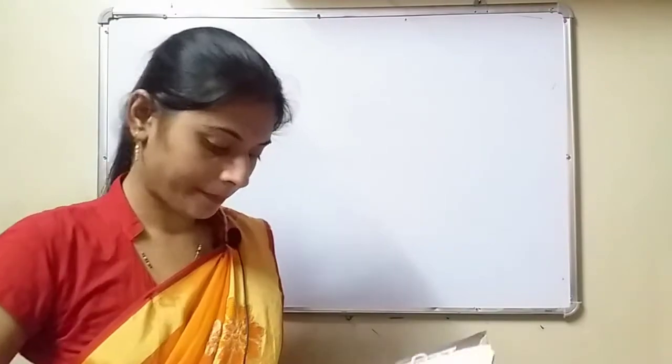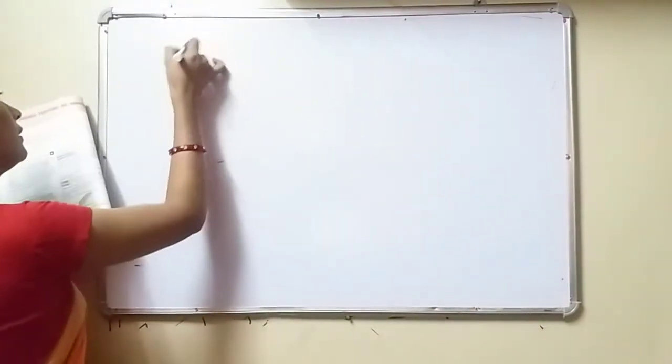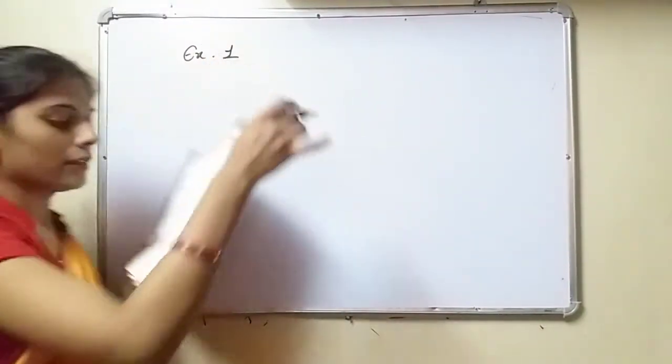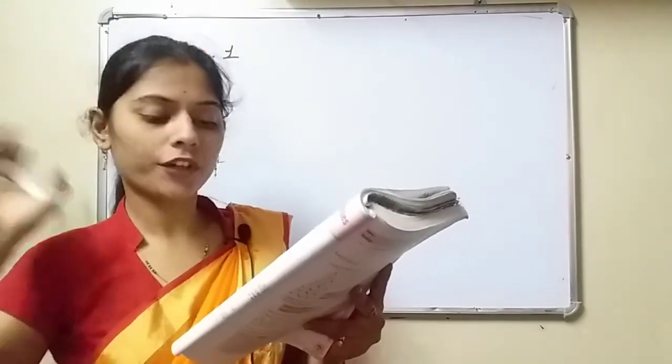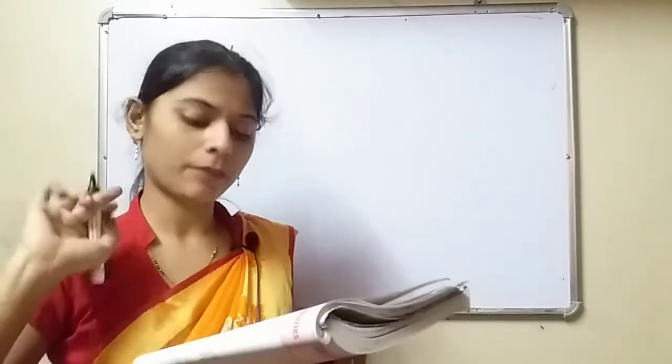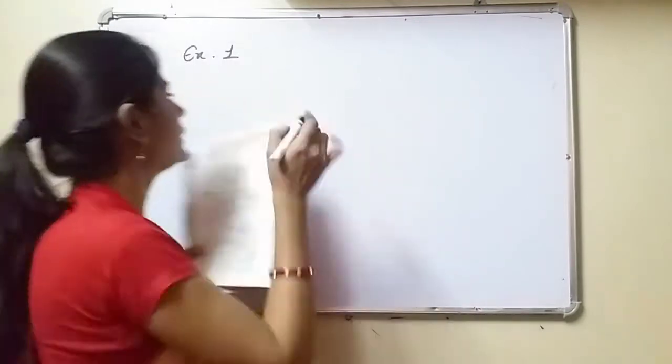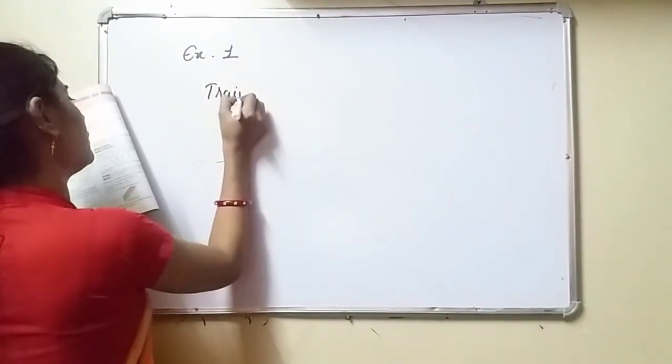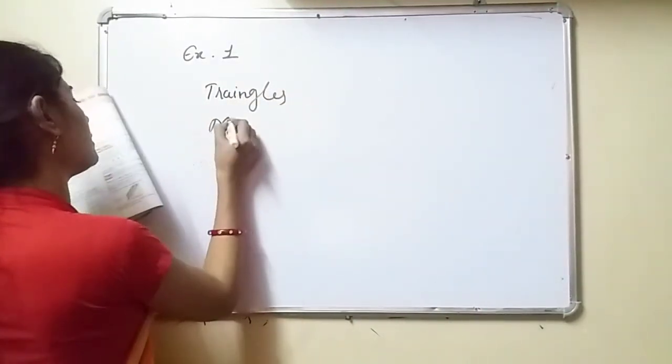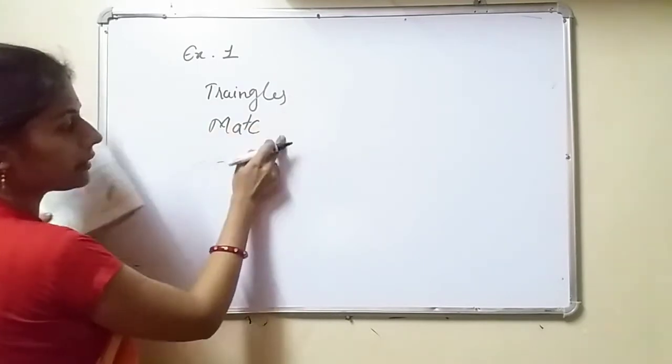Okay, example number 1. Here four triangles are given, made with matchsticks. You have to write the number of triangles and the number of matchsticks.